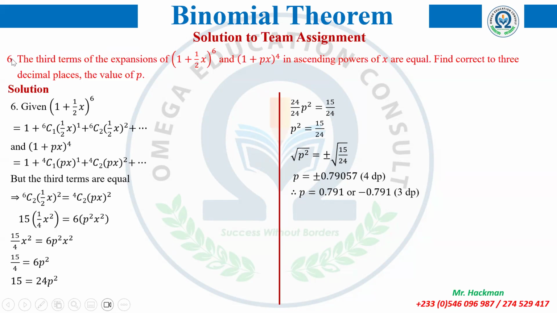As usual, you've been advised that anytime you read questions, make it a point to underline the salient points. So quickly, let's do that. We are told the third terms of the expansion, so we underline third terms.